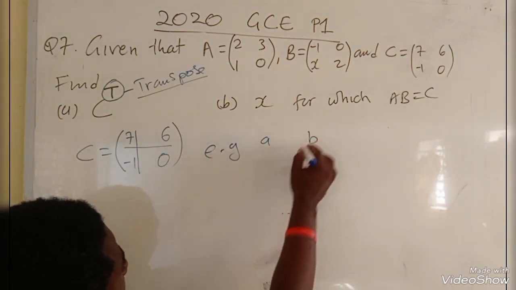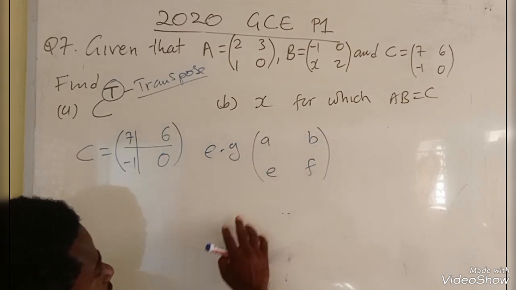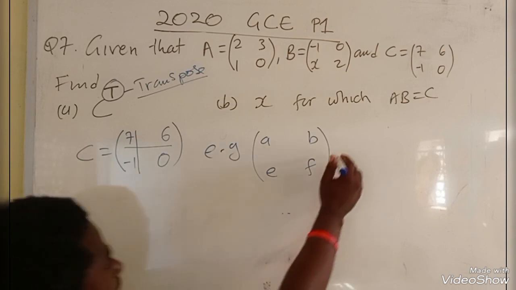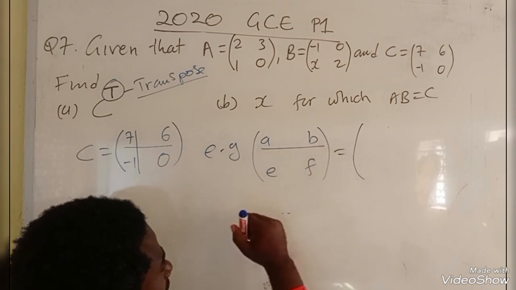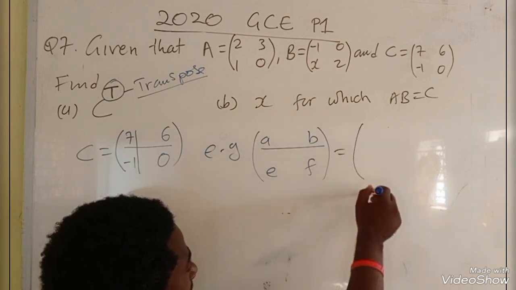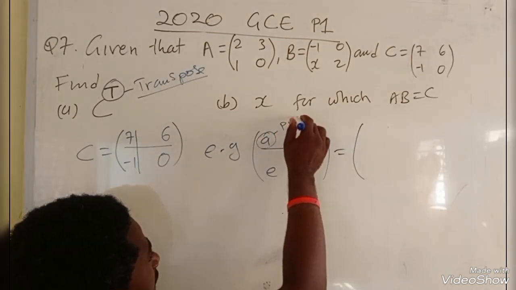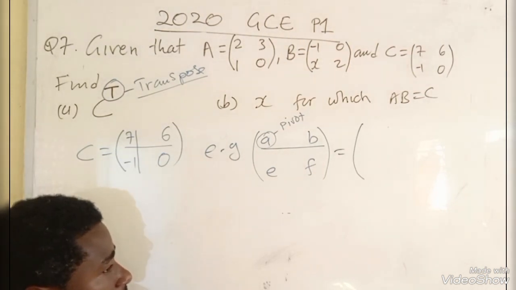I have this matrix. When I'm asked to find the transpose of this matrix, I just change this row so it becomes a column. Now A is called a pivot. A pivot will not move.